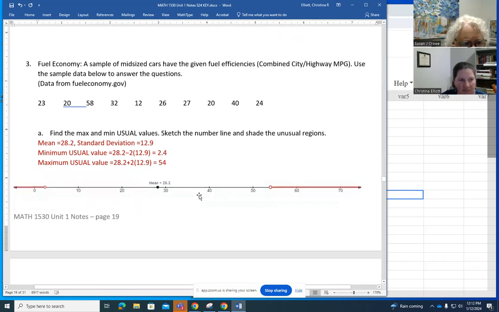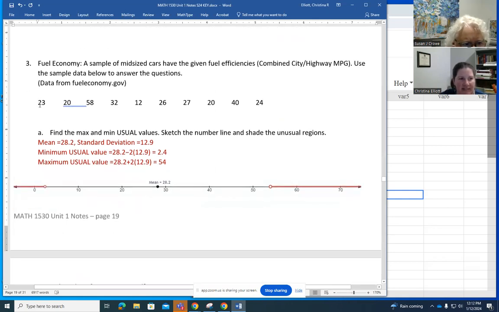If I put this data in for the fuel economy, this is a sample of mid-sized cars, and they have these given fuel efficiencies in miles per gallon. This is just putting this in column summary stats. The mean is 28.2. The standard deviation is 12.9.